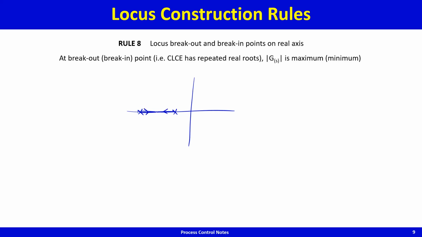After some particular value of kc, you will get two repeated roots. And now if you increase kc again, you will get a breakout from the real axis. So where does this breakout point exist?